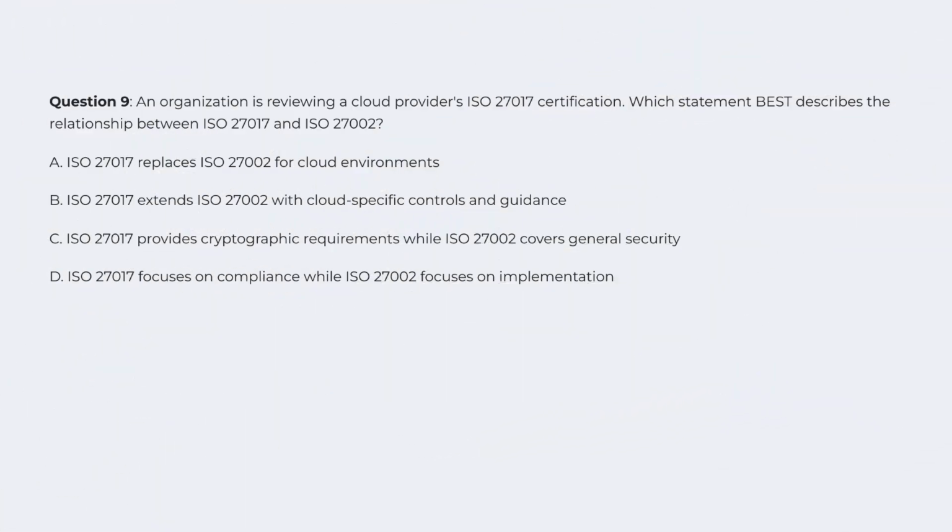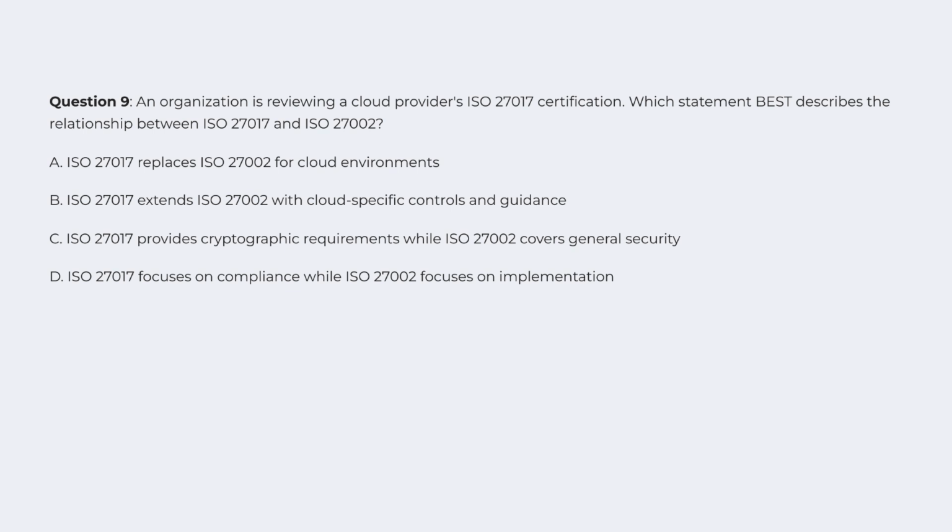Question 9. An organization is reviewing a cloud provider's ISO 27017 certification. Which statement best describes the relationship between ISO 27017 and ISO 27002? A. ISO 27017 replaces ISO 27002 for cloud environments.